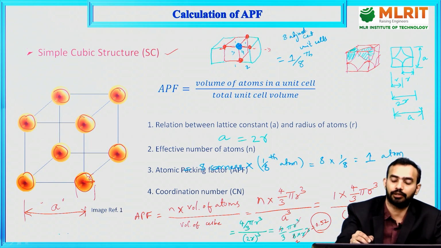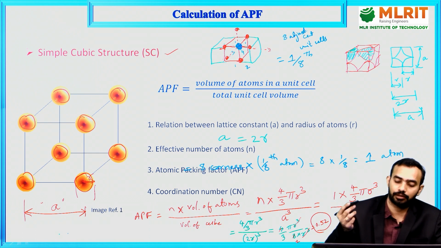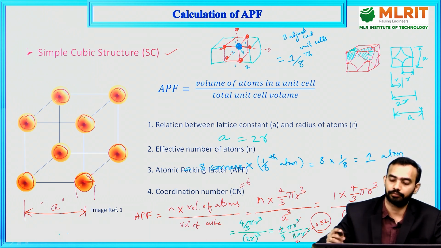If I expand it, one more atom will be there. Similarly, if I expand it, one more atom will be present. So how many atoms are there? This atom is coordinating with 1, 2, 3, 4, 5, 6. So the coordination number will become 6.